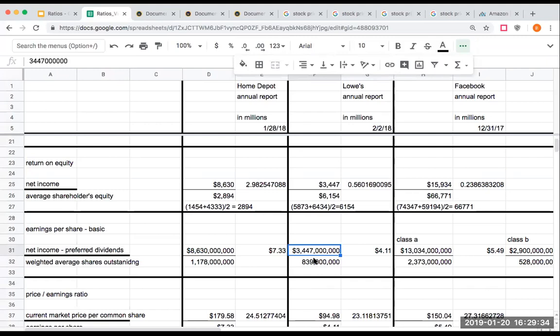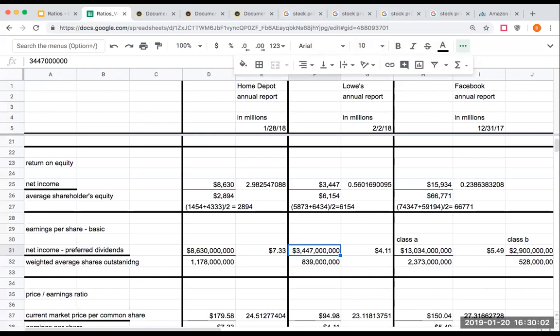That would include warrants, stock options, and any kind of convertible bonds. Those are different items we would have to include in a fully diluted earnings per share calculation. However, if the company is at a loss, then we only compute basic. So right here, we got $4.11.